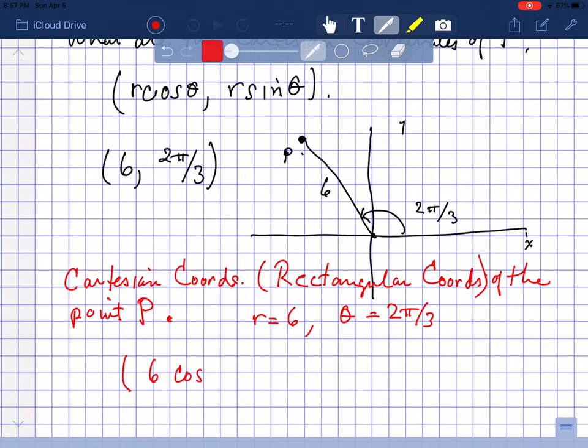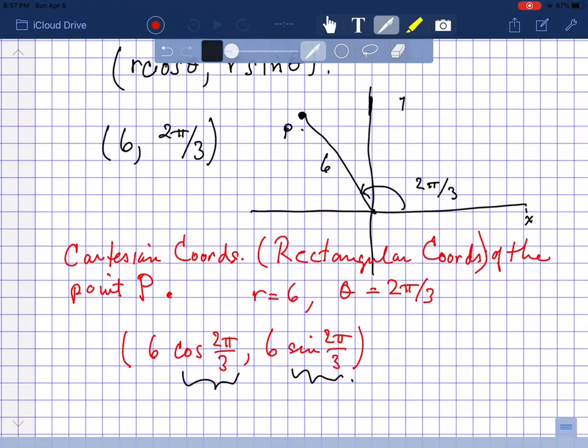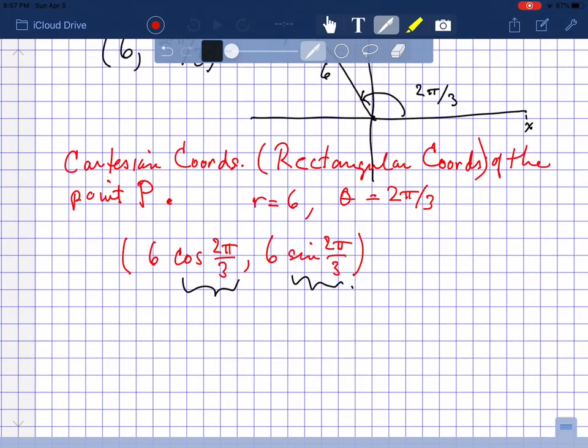And so the Cartesian coordinates are going to be given by 6 times the cosine of 2 pi over 3 and 6 times the sine of 2 pi over 3. Okay? And now I leave it to you to figure out the values of the cosine of 2 pi over 3 and the sine of 2 pi over 3.